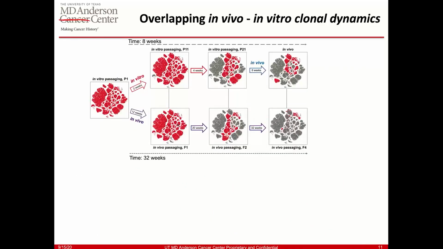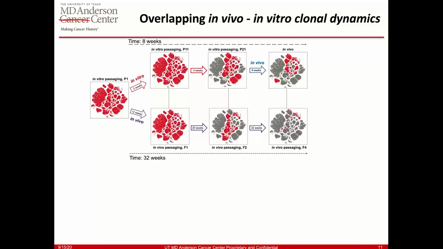We studied this in greater detail, and here, instead of showing 1.5 million barcodes, I'm showing you 80,000 top barcodes. And again, we are following them in vitro in the panel on top and in vivo in the panel on the bottom.